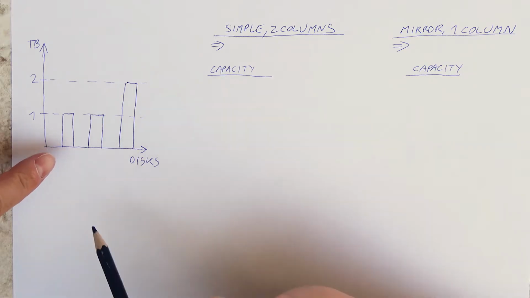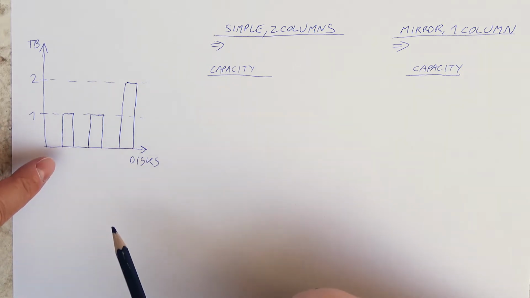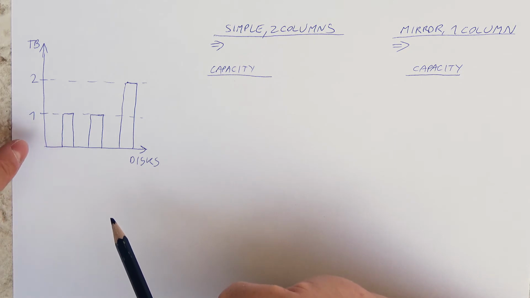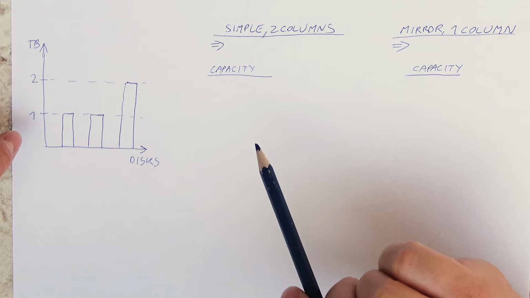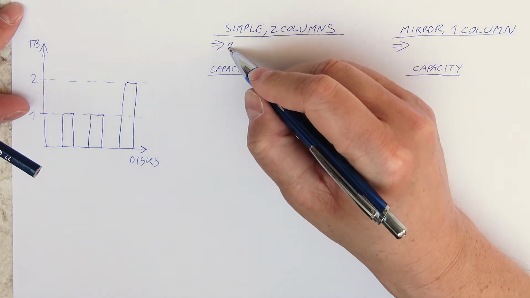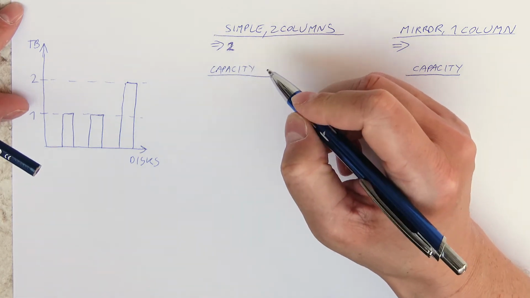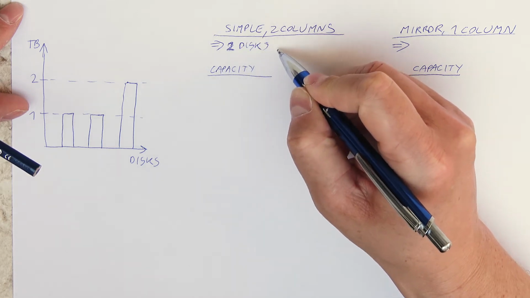We have here 3 physical disks: 1 terabyte, 1 terabyte, and 2 terabytes. If we have simple resiliency with 2 columns, that means one stripe writes or reads to the same number of disks, a 2 disk stripe.